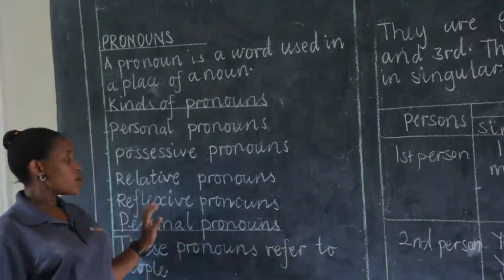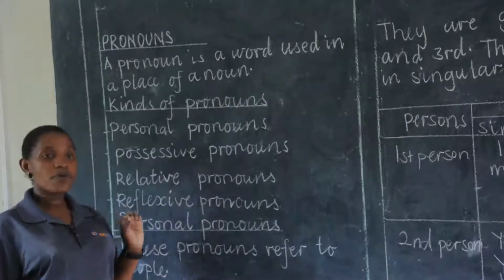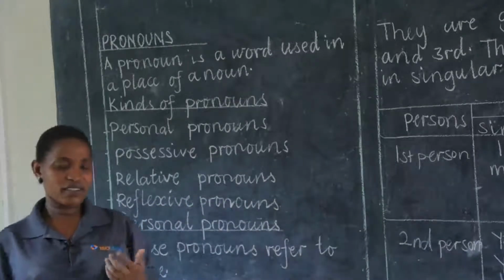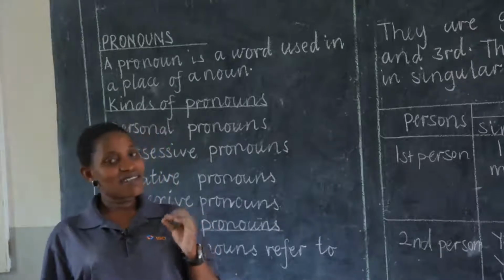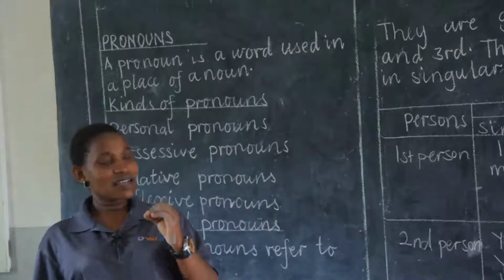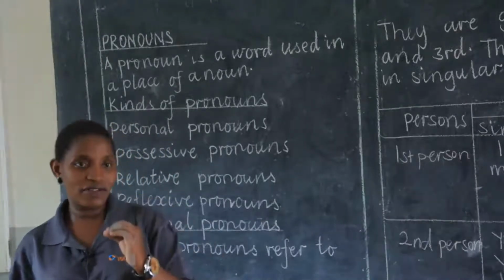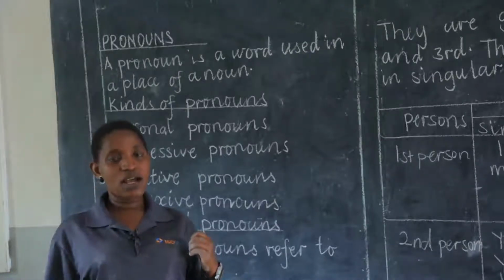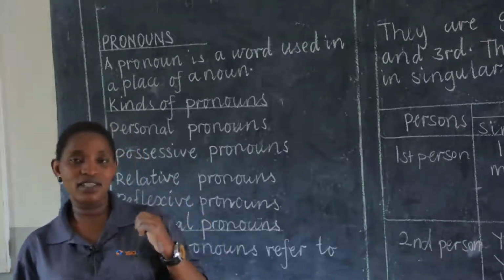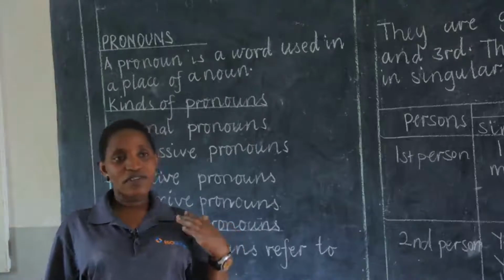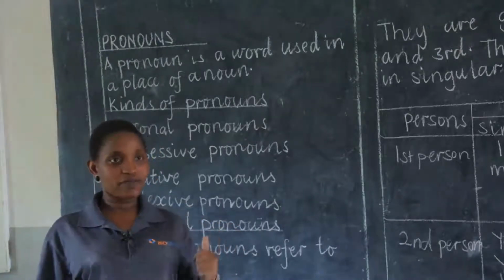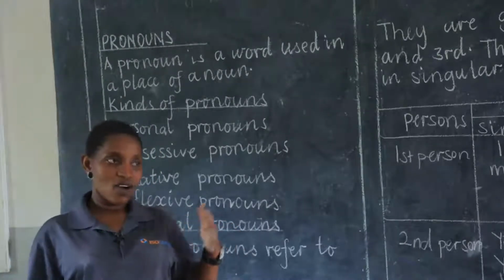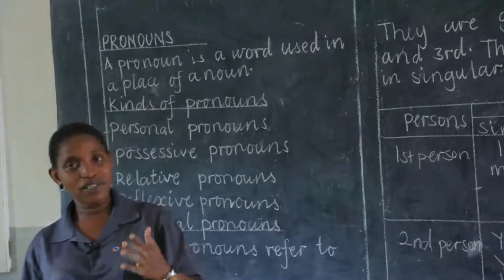Then we come to reflexive pronouns. What are reflexive pronouns? These are pronouns that end with self in singular and then selves in plural. For example, myself, yourself, herself, himself.